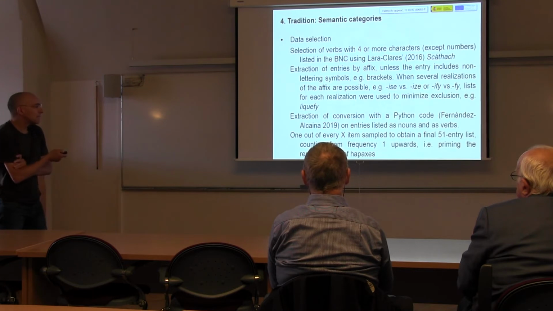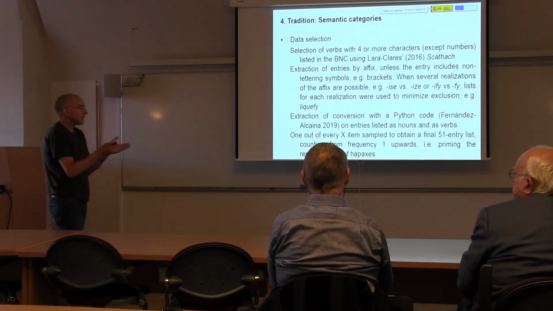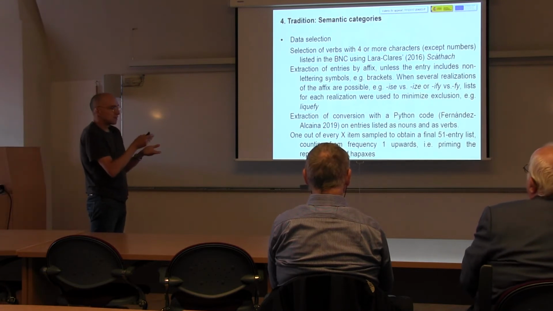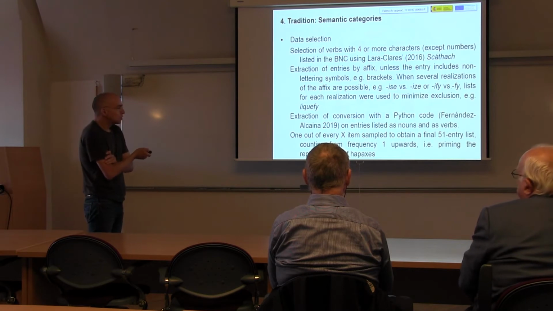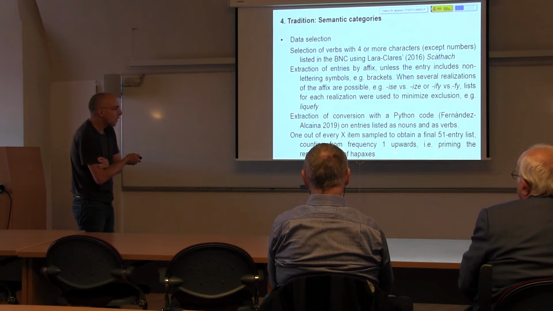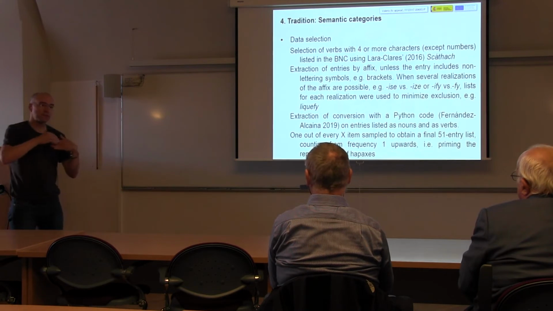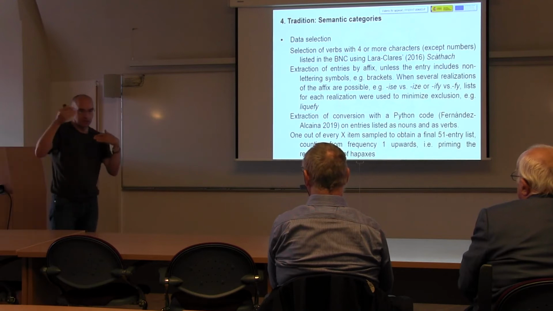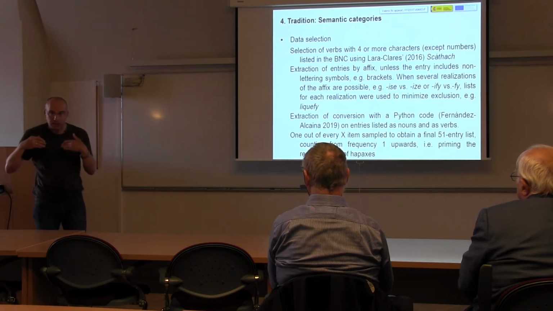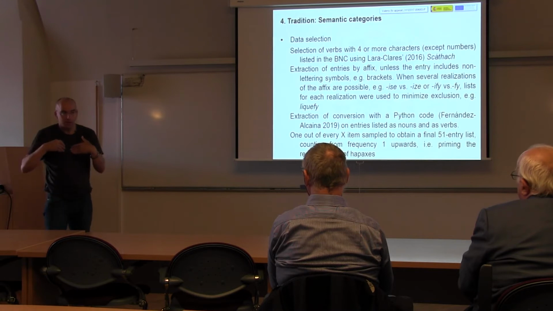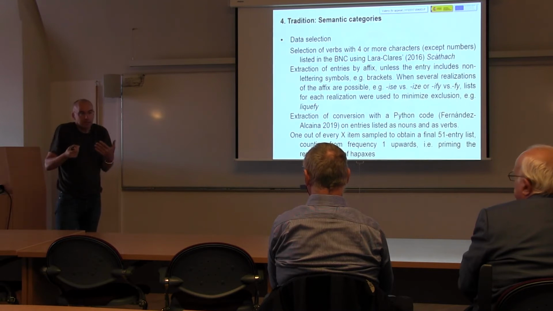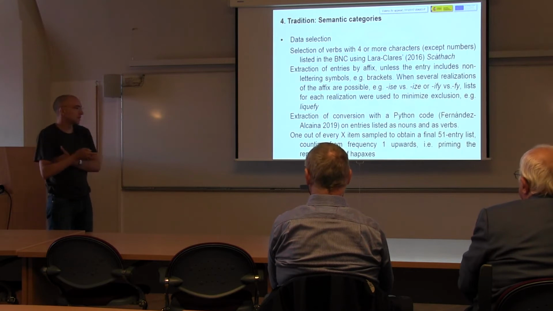The result is a sample obtained at an interval of some 50 entries, and also to obtain a 51-entry list counting from frequency 1 in the British National Corpus upwards. Counting from frequency 1 upwards ensures the representation of hapax legomena, which are supposed to be representative of productive patterns. So frequency 1 was important for this sample.